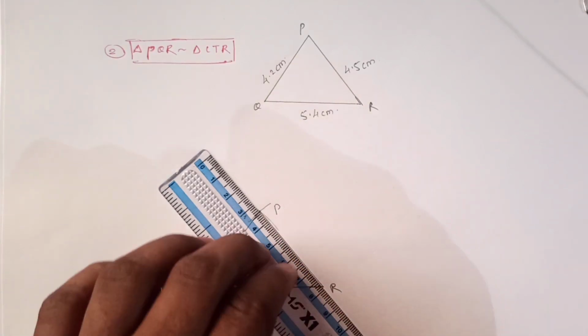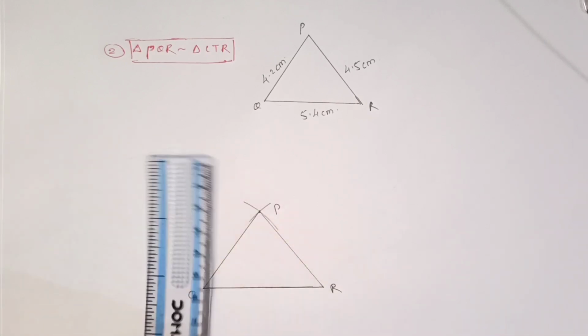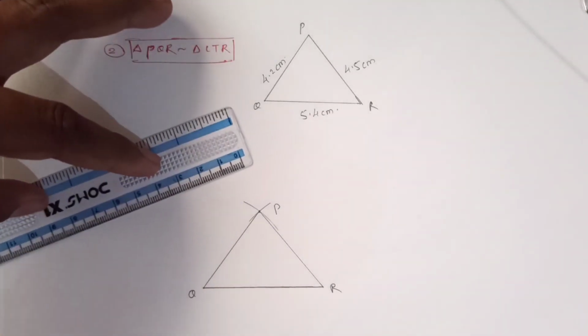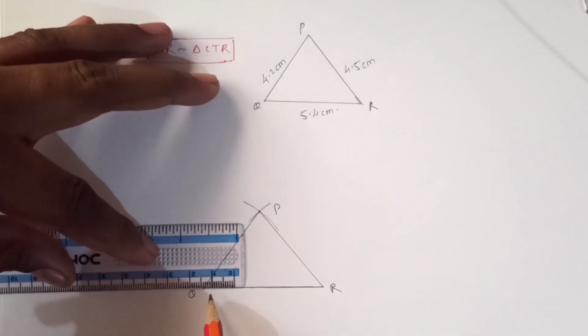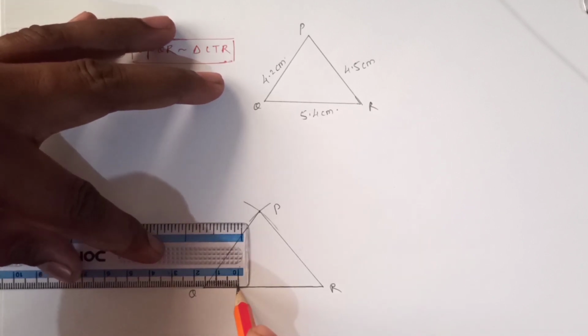Now as we discussed, in the case of such triangles in which one vertex is common, we have to extend that base in the opposite direction of the common vertex. Look at this, R is here which is common. Then we will extend this base in the opposite direction like this.